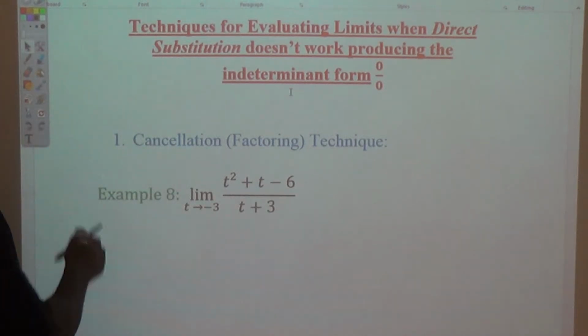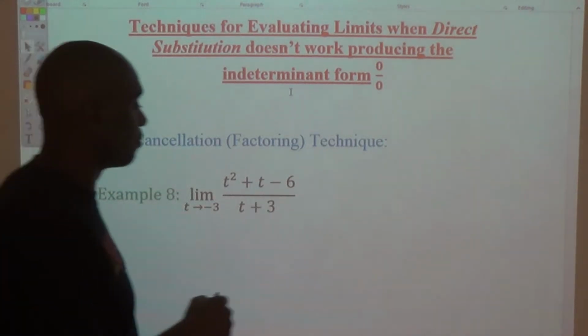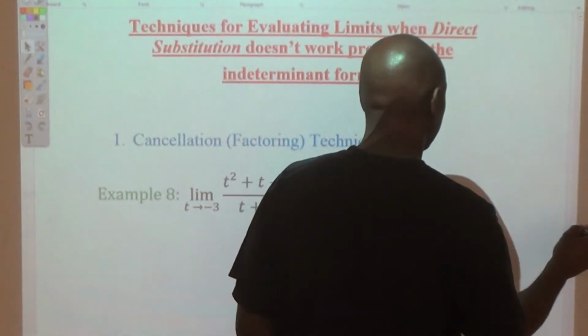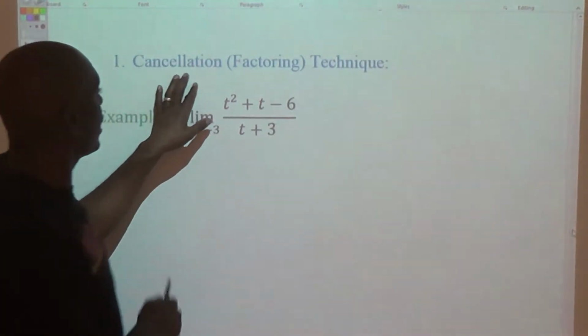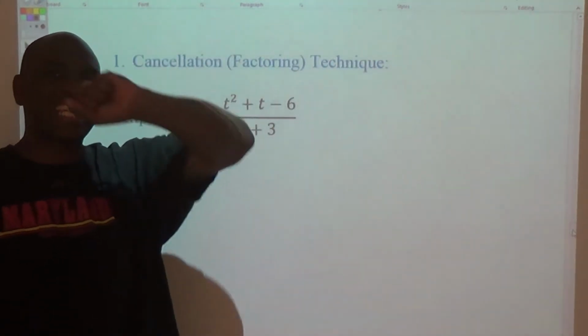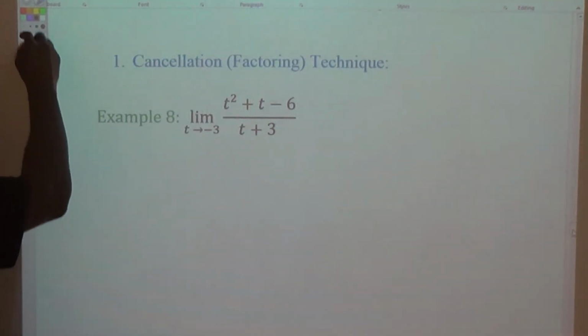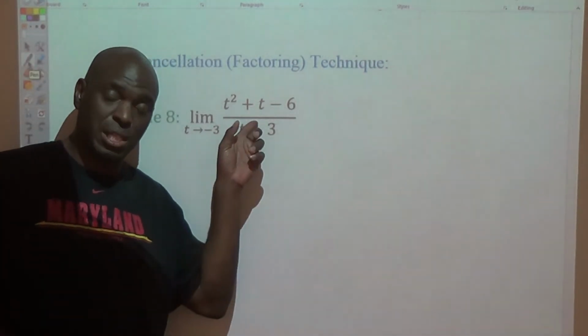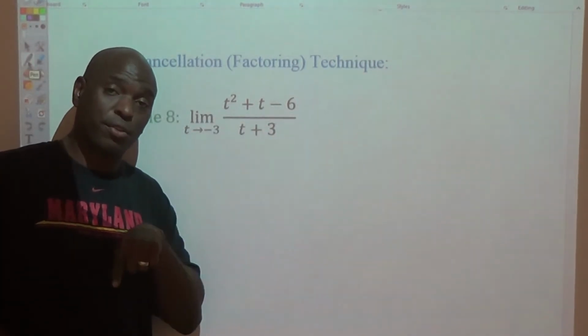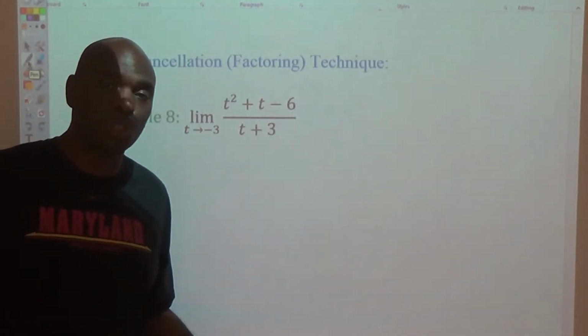So, let's get started with the first one. The cancellation or the factoring technique. Let's do that. First of all, if I put -3 in for t, the limit as t approaches -3, let's try direct substitution. Let's see what happens.